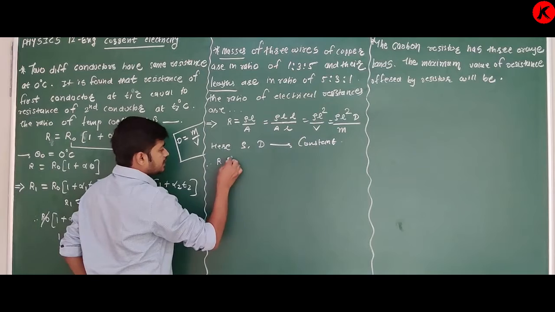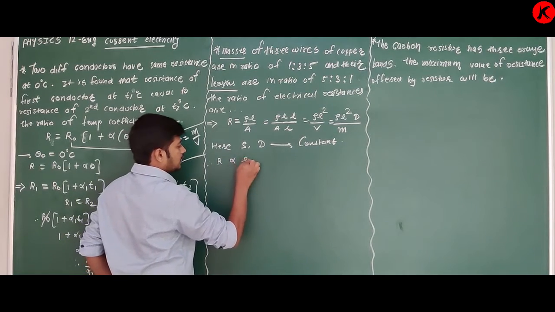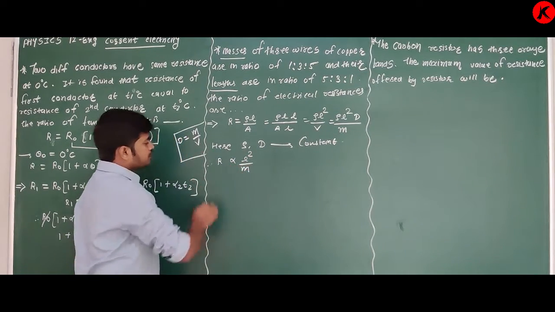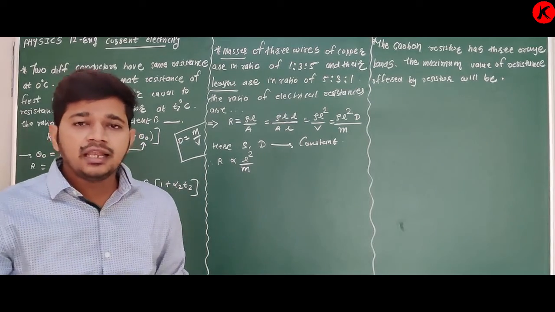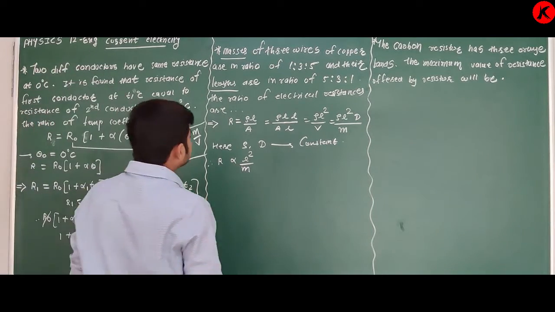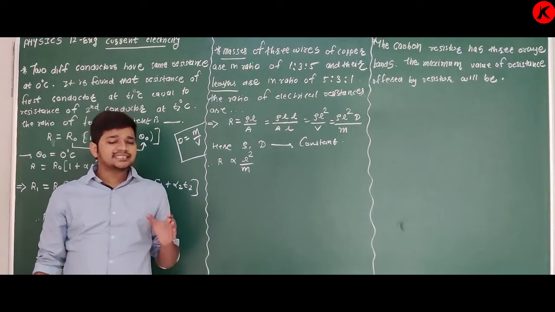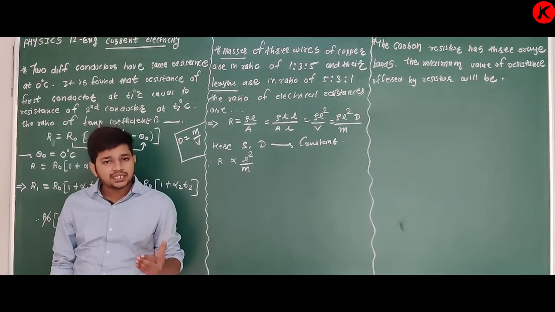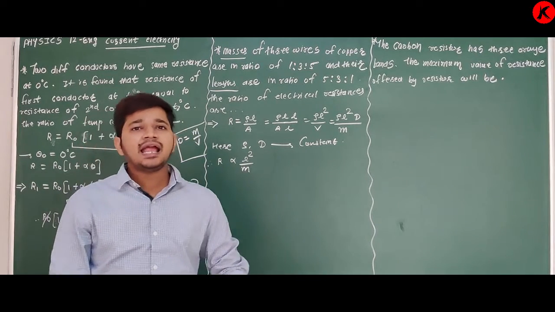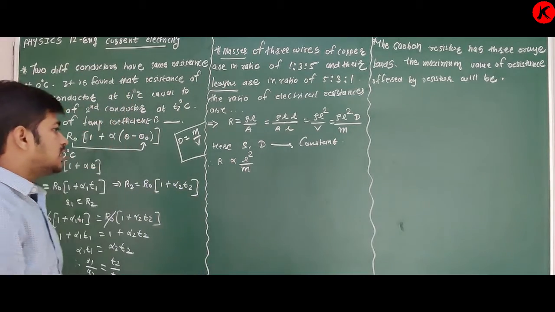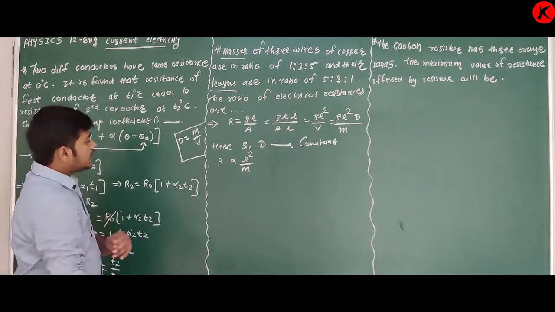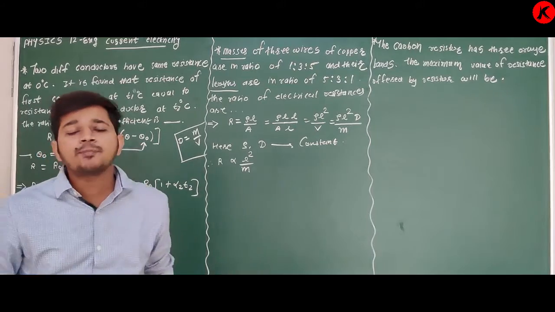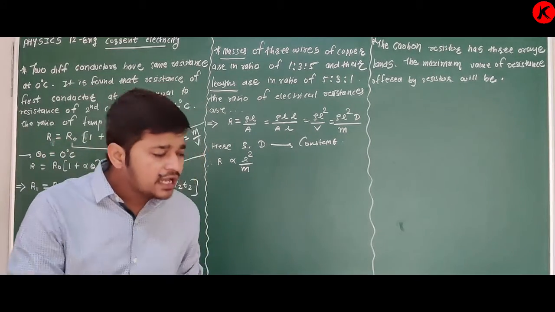Therefore R is proportional to L square upon M. This is the relation between resistance, length, and mass of the conductor. R is proportional to L square upon M.